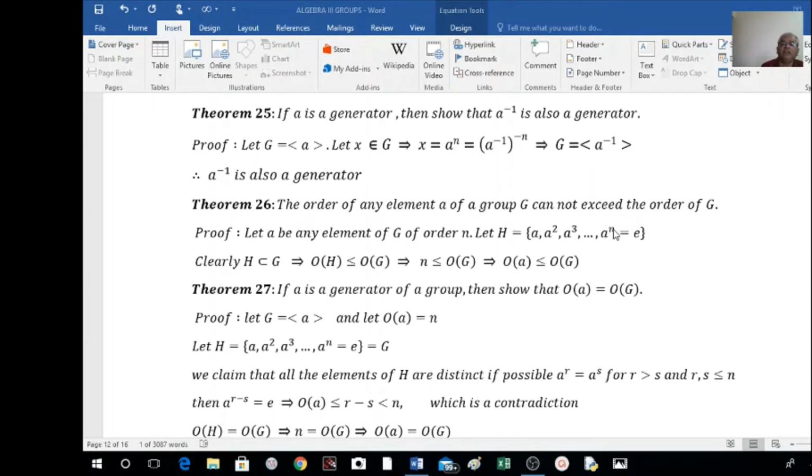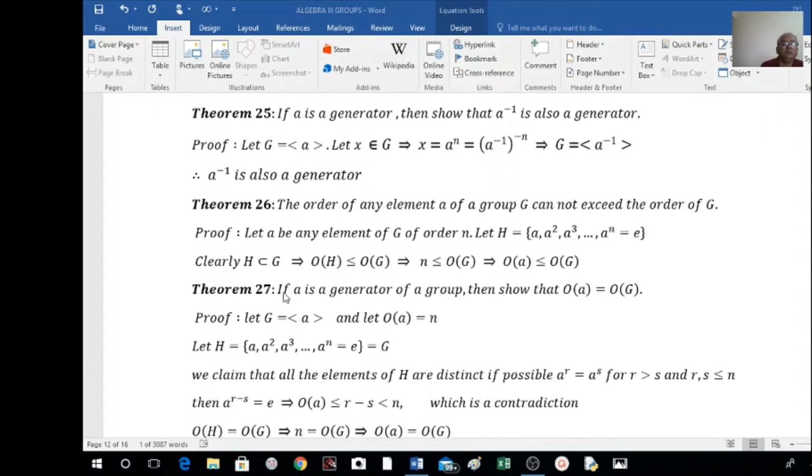It is nothing but n, since n elements are there. So n is less than or equal to order of G. What is n we have taken? We have taken it as the order of A. So finally we have proved that order of A is less than or equal to order of G. The order of any element cannot exceed the order of the group.